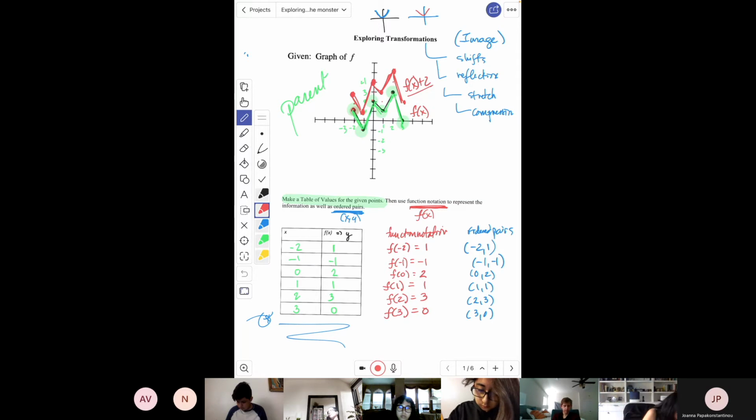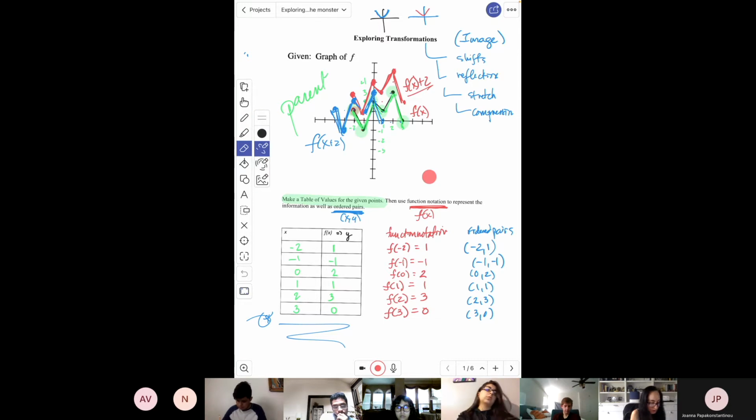Or if I gave you f of x plus 2, you should be able to take each of these points and move them back 2. So you should be able to recognize transformations and graph them easily. Given a parent and an equation in function notation, you should be able to shift the parent easily by recognizing the transformation.